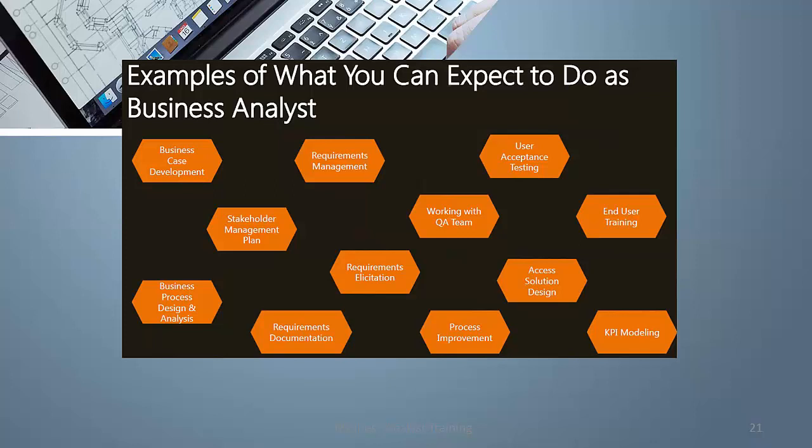Before we do that, here on the screen are some of the roles of a business analyst. Business analyst is a very generic word, which means you act as a liaison between the business team and the technology team. In steps 1 and 2, you understand the business need and define the solution.